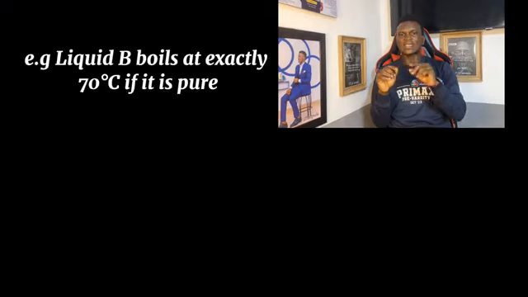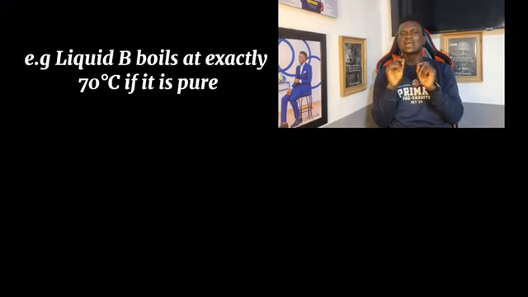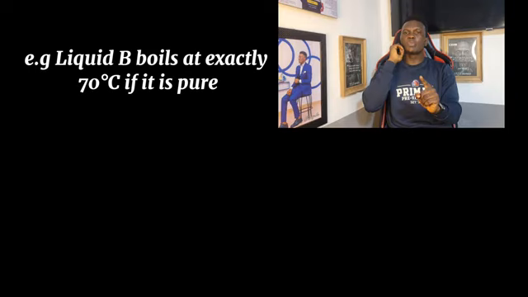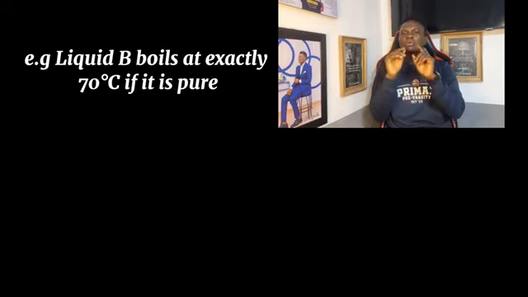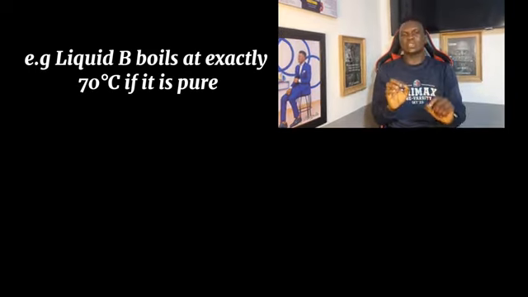How about for a liquid? For a liquid, we use boiling point. When a liquid substance is pure, it boils at the exact boiling point. When it is impure, it has a very wide range of boiling, which is above the normal boiling point. For example, if I say liquid substance B has the boiling point of 70 degrees Celsius, if B is pure, it is going to always boil at 70 or between 70 and 71.